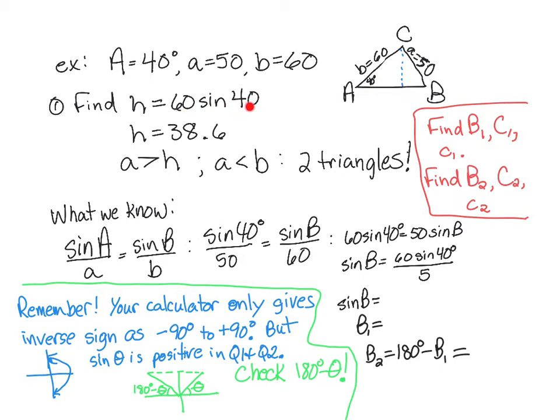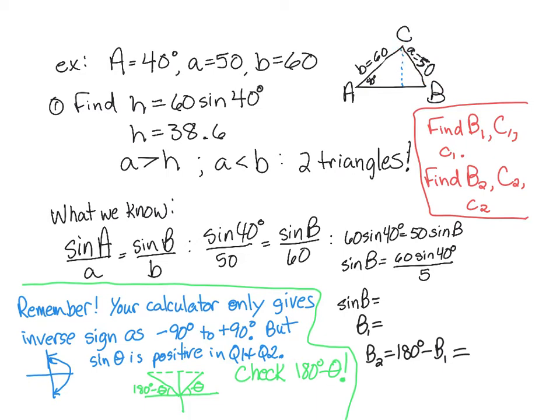So the hypotenuse times the sine will give me the height, right? So hold the phone, that's 40 degrees. Okay. So when you figure that out, you get the height of the triangle. Well, my side is longer than that, but it's not as long as this. So it could lay this way or that way.